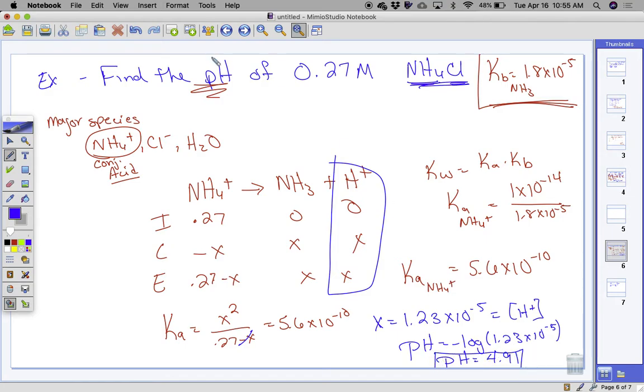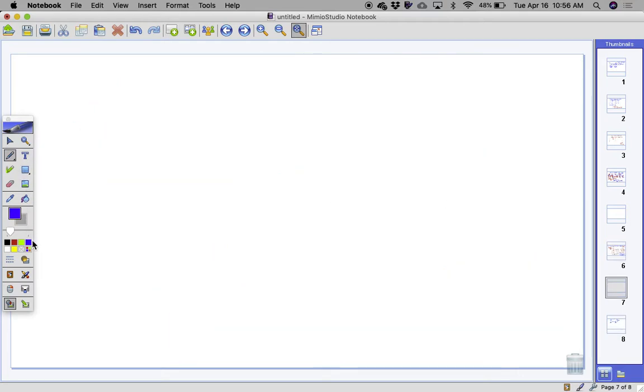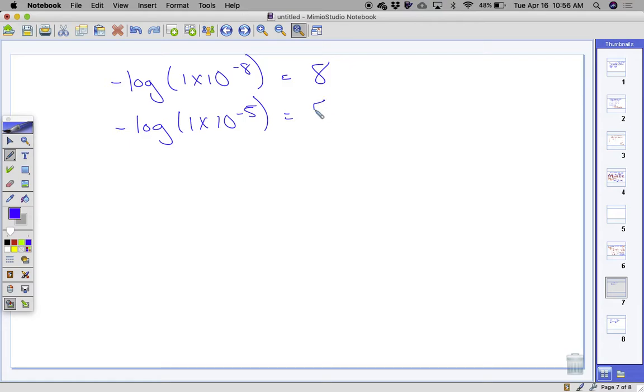All right, so here's the thing. In your calculator, punch in the negative log of 1 times 10 to the negative 8th. What do you get? 8. Punch in the negative log of 1 times 10 to the negative 5th. 5. Now punch in negative log of 2.5 times 10 to the negative 8th. 7.6.